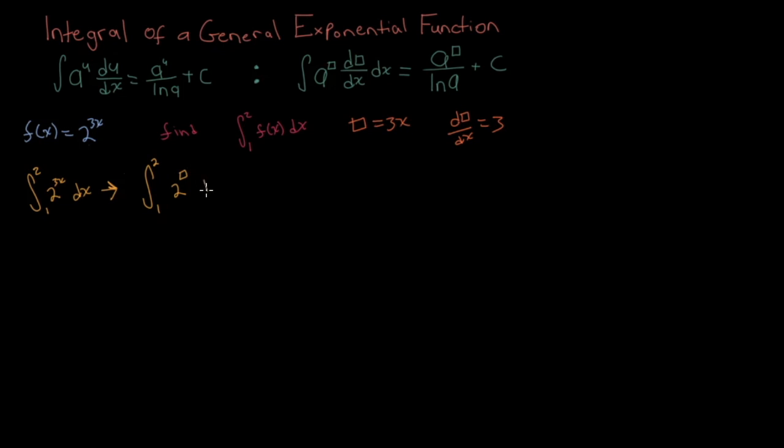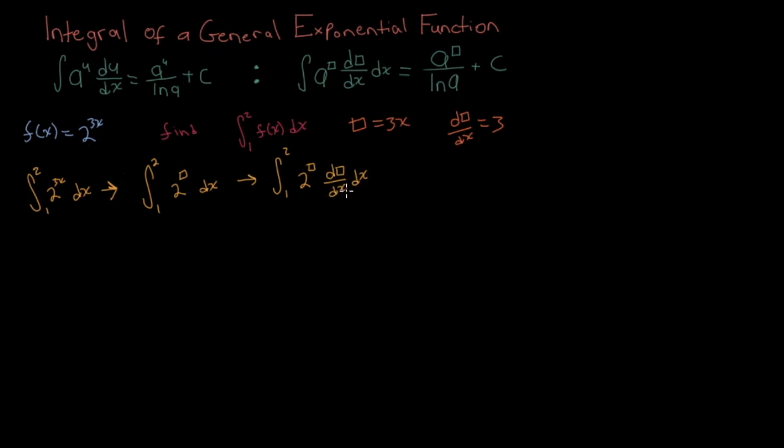So I'll put the integral from 1 to 2 of 2 to the power of this box dx. Now the next thing we want to consider is it's still not in this form yet, right? Because we want to be differentiating with respect to the box, not with respect to x, since we're putting in our placeholder. So let's write this integral again: 2 to the power of our box times the derivative of the box with respect to x, dx.